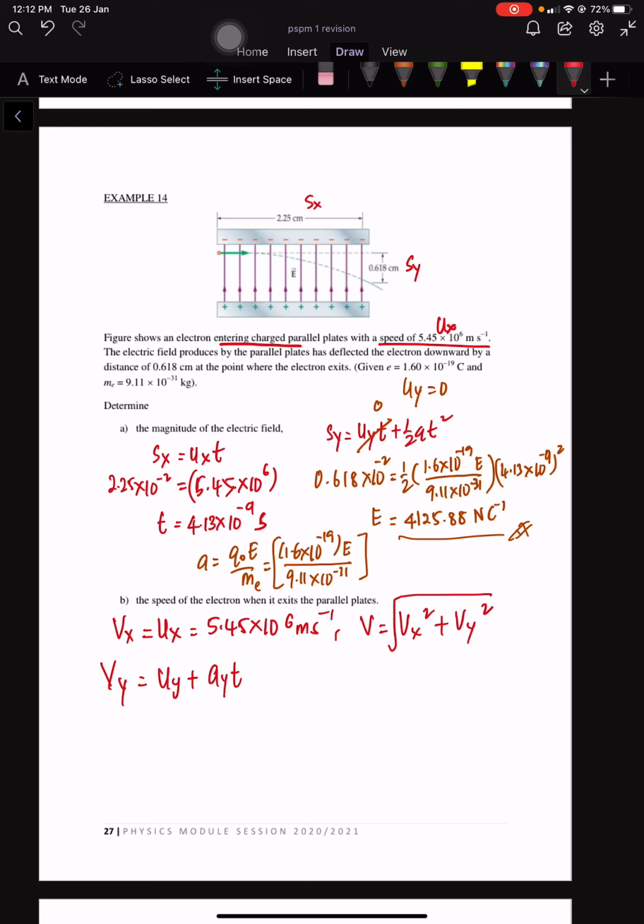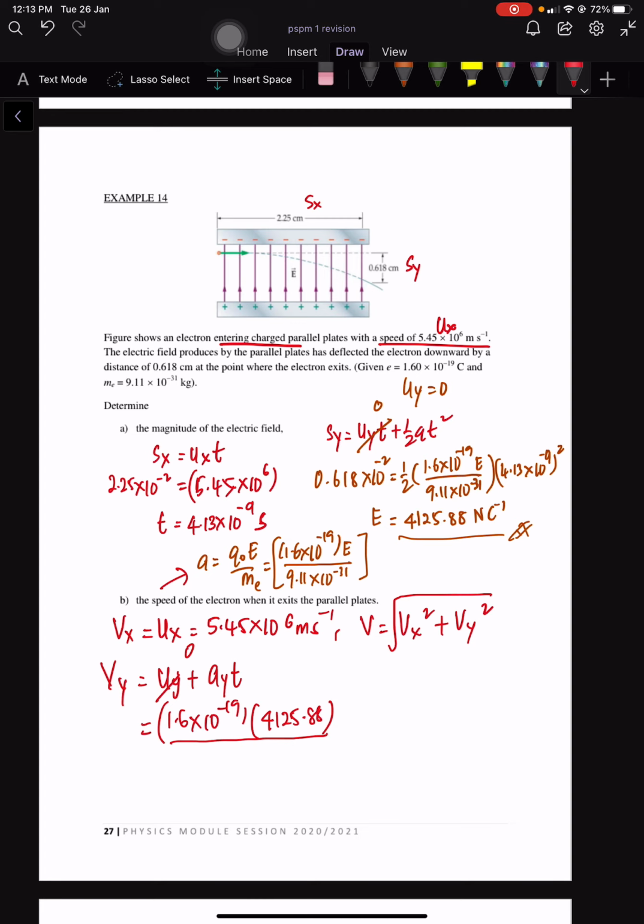Because the direction of A is downward, but it's okay. So Uy is 0. So A you substitute macam tadi lah, 1.6 times 10 to the power of negative 19, times with E 4125.88.